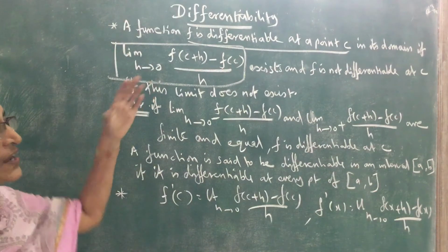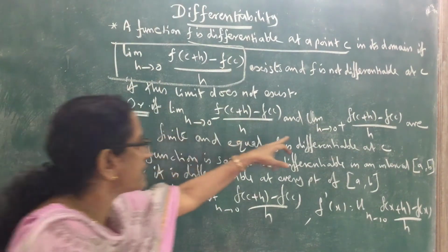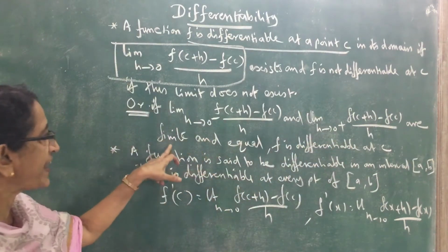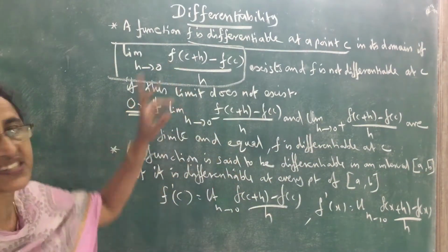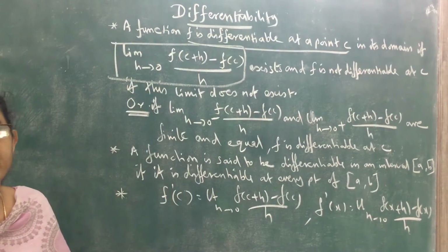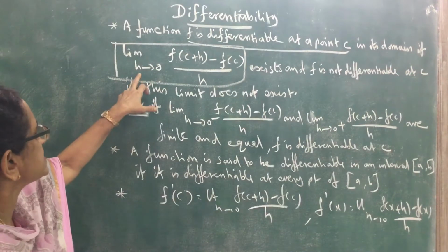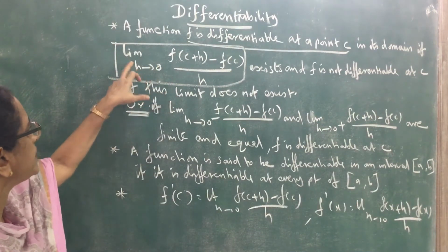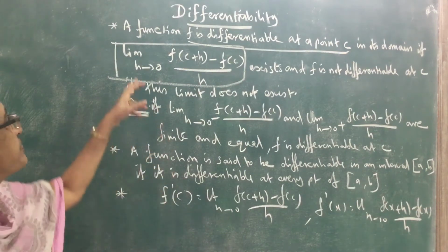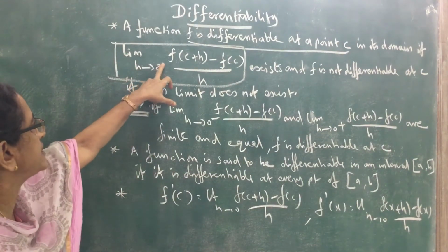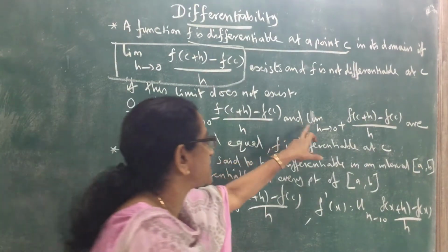Now when do you say a limit exists? Limit exists means the left limit and the right limit are finite and equal. Then we say this limit exists. The left limit means we take h tends to 0 minus, and the right limit means h tends to 0 plus.